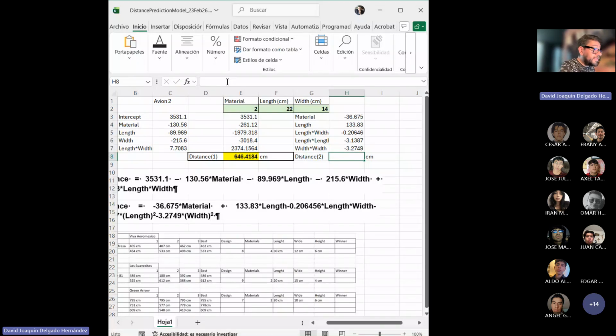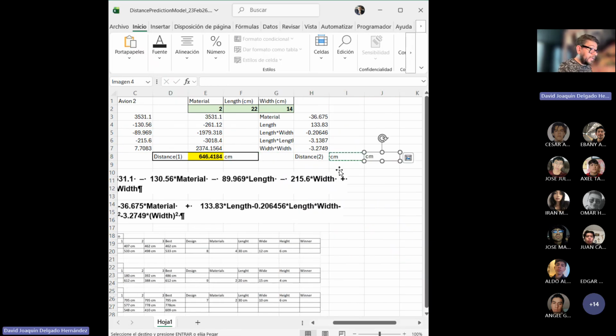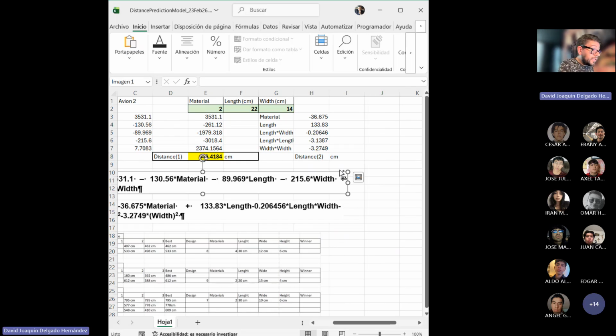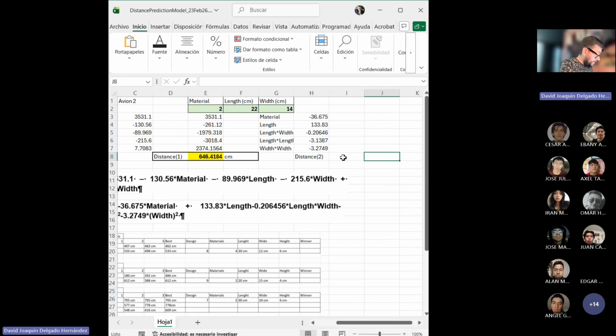Okay, so let us do it. So here is the distance that will be put here, and centimeters that will be put here. Okay, so let us carry out the exercise. This is centimeters.